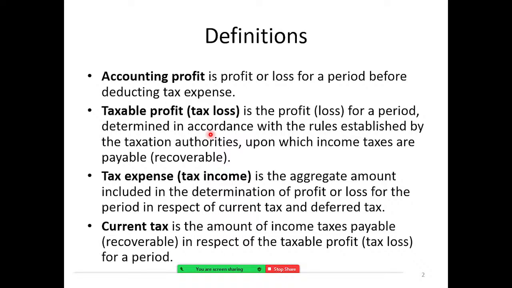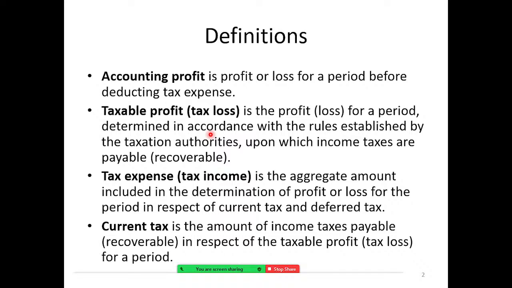So keep it in your mind: when you calculate profit based on the rules and regulations of tax authorities, that profit will be taxable profit. When you follow accounting rules and regulations, especially accounting standards, to calculate profit, that is called accounting profit.